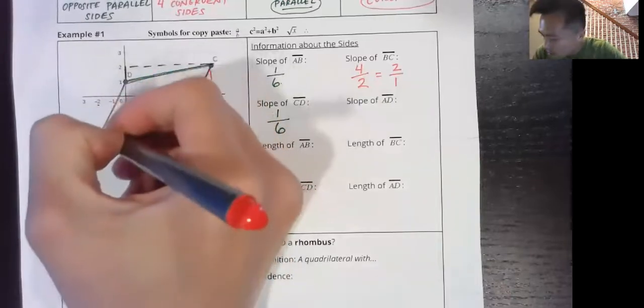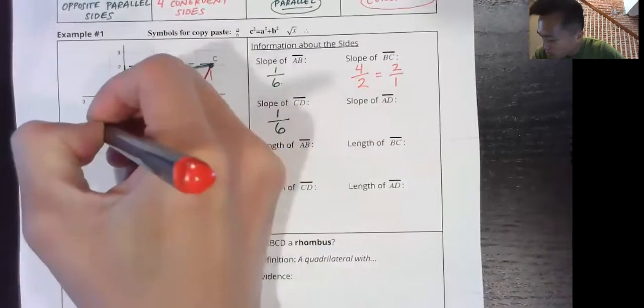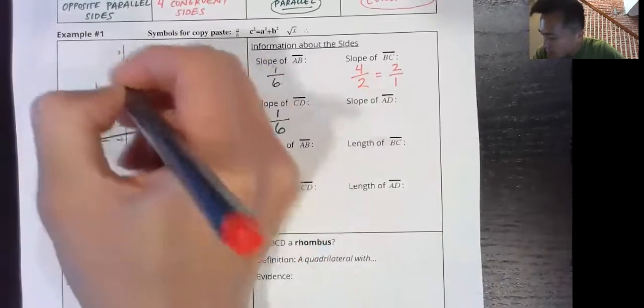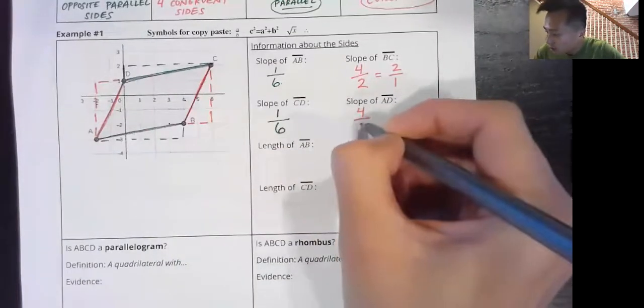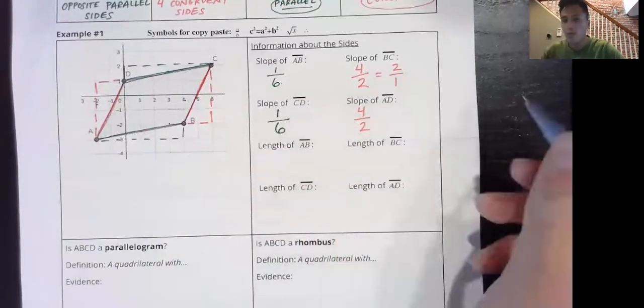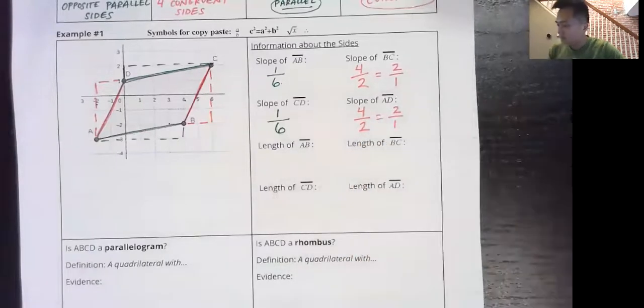That's this side here. Looking from left to right, we're going a rise of 1, 2, 3, 4, and a run of 1, 2. So that would be 4 over 2. That simplifies to 2 over 1. Okay, we have the slopes.